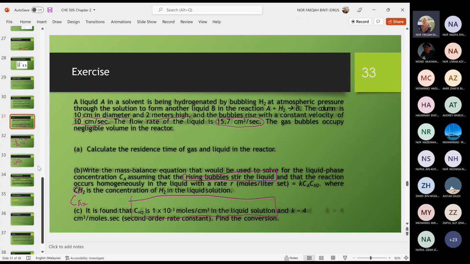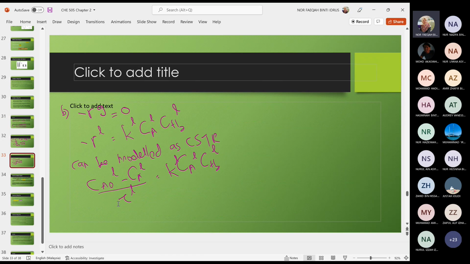Determine the conversion. So you have this mass balance. The concentration of hydrogen in the liquid phase is already given, and you just need to find the conversion. So how can you relate it to the conversion? From this mass balance equation, relate it to conversion. Of course, we know that the concentration of A equals CA0 times (1 minus X).